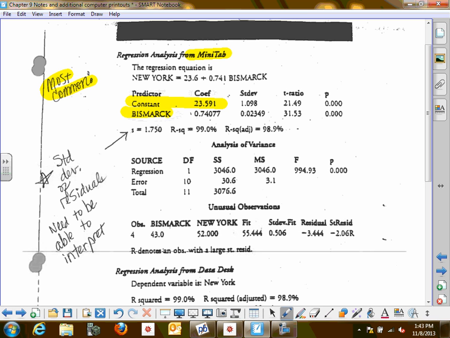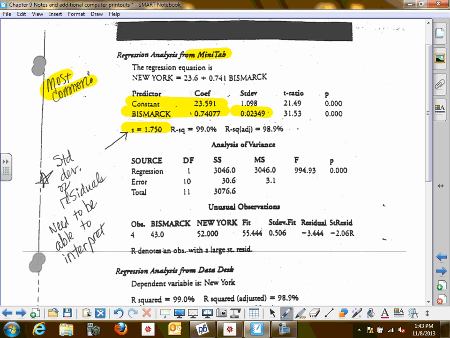Bismarck is the x variable, so therefore 0.74077 is the slope. Very good. This 0.02349, what is that? Standard deviation of the slope. Very good. This number here is an S value, and that is the standard deviation of the residuals.